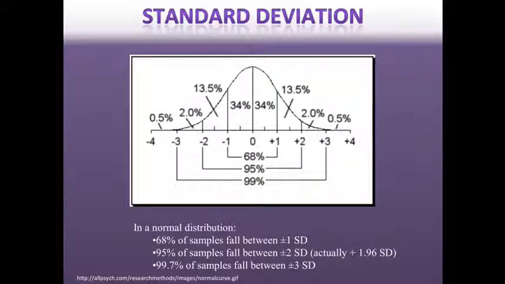And then as you go out on that curve, you'll have another 2% on either side for 3 standard deviations. So when someone says, you know, one standard deviation is 2.5, you can know that given your mean, about 68% of your sample will have a number plus or minus 2.5 of that mean, okay?